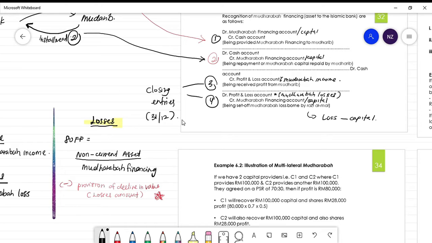Kalau soalan cakap accounting period is like in the 31st May, so 31st May lah. Tapi macam saya cakap, ini adalah 3 dengan 4 punya journal ni adalah closing entries, means the value of the profit and the value of the losses tu akan ditransfer to kita punya SOCI at the end of the accounting period. Itu maksud journal ni lah.